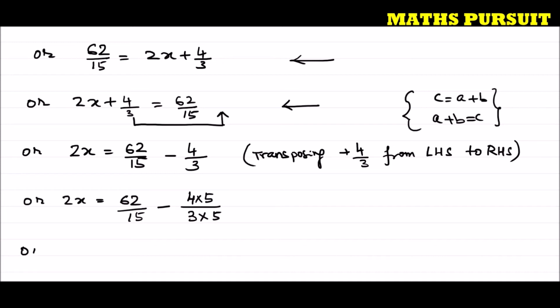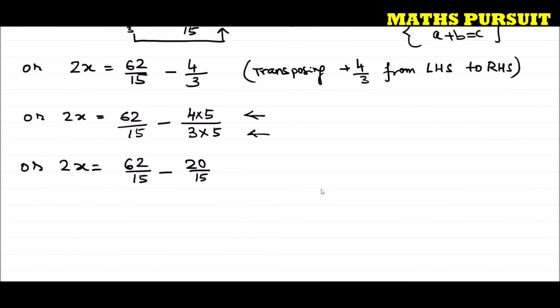Let us note it down. I can write 2x is equal to 62 by 15 minus 20 upon 15. Hope you understood this. I multiplied 5 to this 3 so that I can get 15 in the denominator. If I multiply something in the denominator, I should also do the same to the numerator by rule. So I multiplied 5 in the denominator and 5 in the numerator, and finally we got 20 divided by 15.